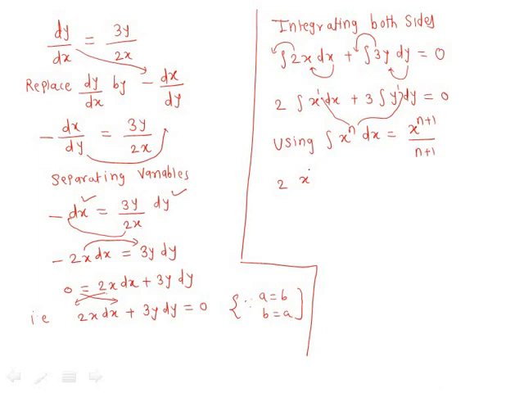So this is x raised to 1 plus 1 upon 1 plus 1. We are using this formula, x raised to n plus 1 upon n plus 1, for the first term, and for the second term also, just the variable is y there. So we will put here the y variable, that is y raised to 1 plus 1 upon 1 plus 1, is equal to, now here we have taken the integration.